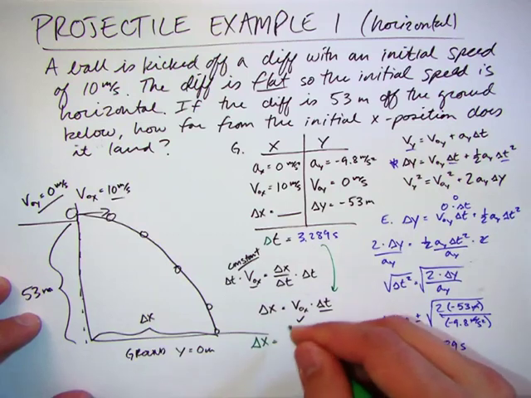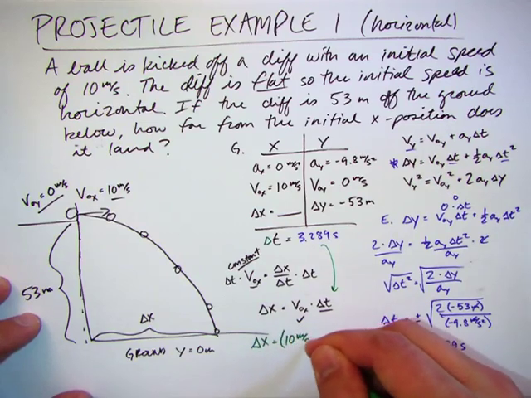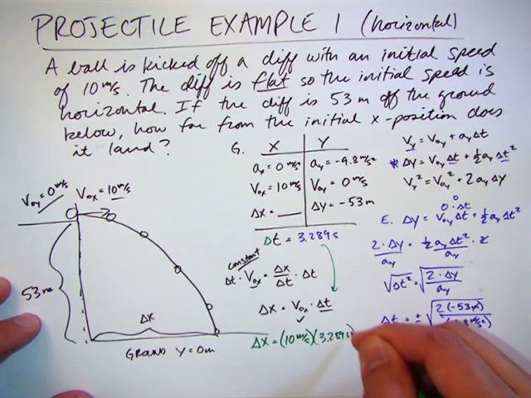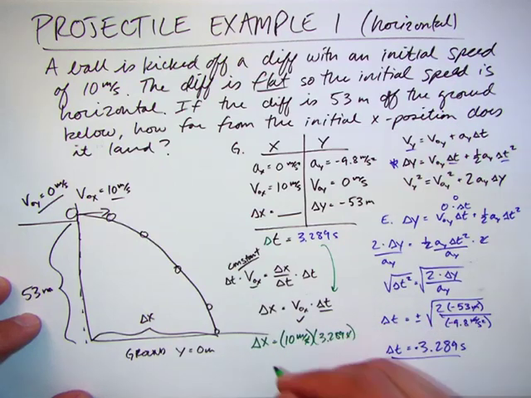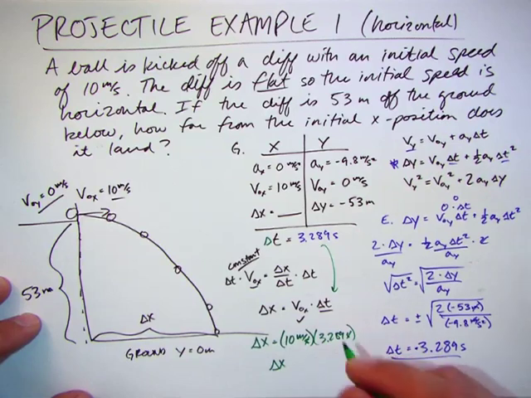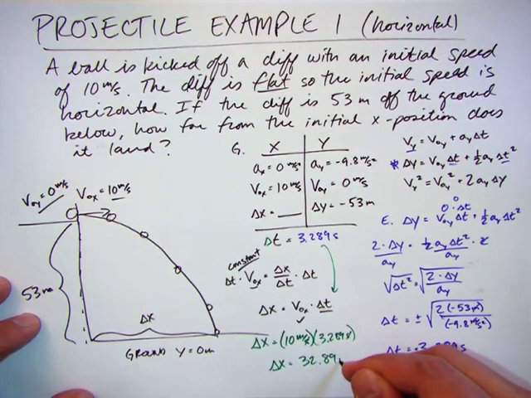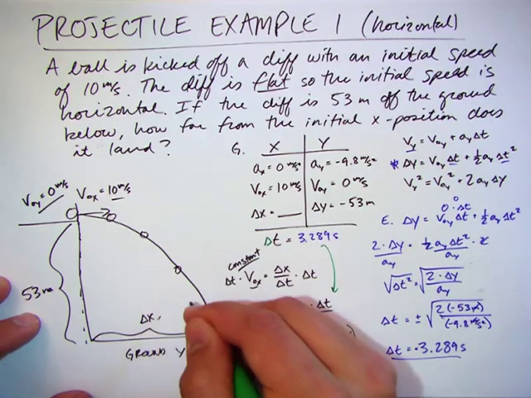So delta x is 10 meters per second times 3.289 seconds. Seconds cancel. I'm left with meters, which is good. So I get my delta x is 32.89 meters from the base of the cliff.